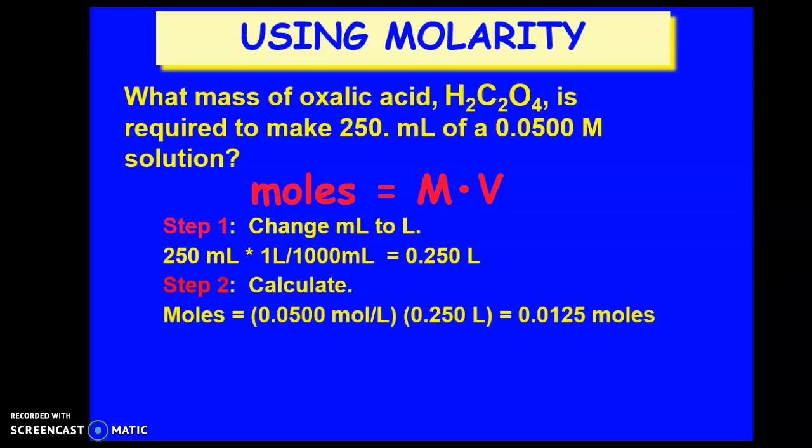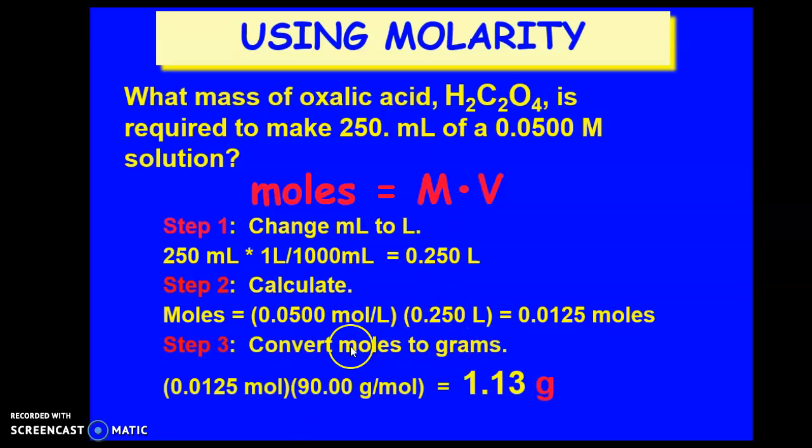Calculate moles, step 2. Moles equals 0.05 molar times 0.25 liters, because moles is molarity times volume. That will give you 0.0125 moles. And to convert the moles to grams, remember you multiply 0.0125 moles by 90 grams per mole of the oxalic acid, H2C2O4.